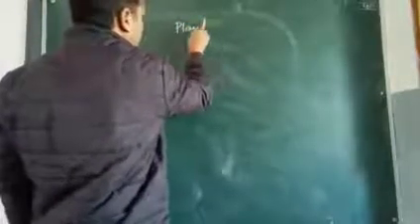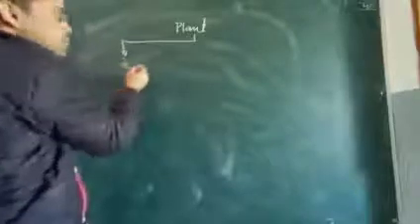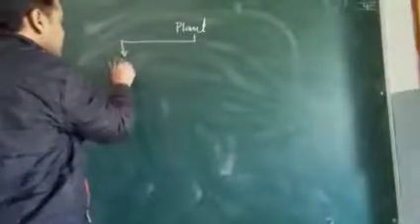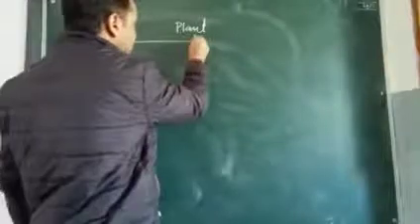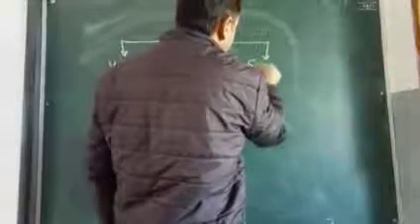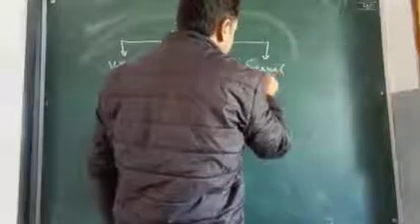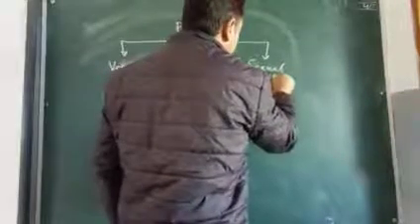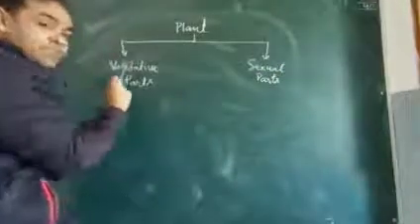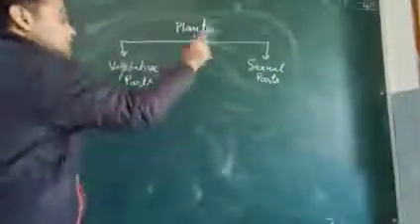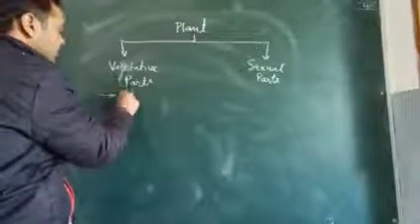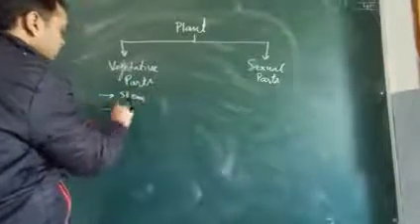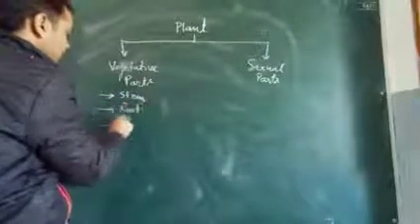If we talk about plants, the plant reproduces by two methods. One is by vegetative parts and the second is by sexual parts. Vegetative parts means the reproduction takes place other than through the sexual parts, with the help of stem, root, leaf.